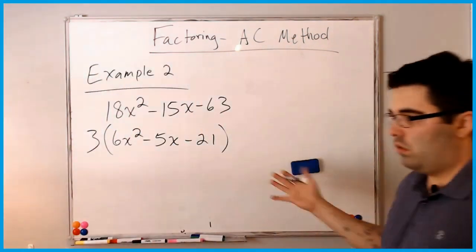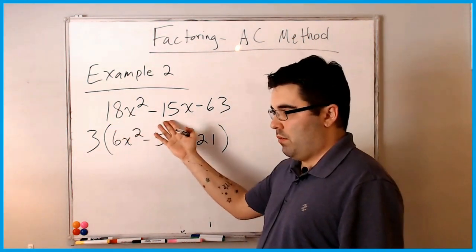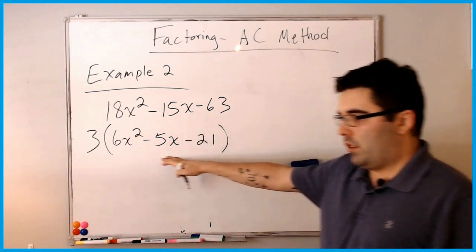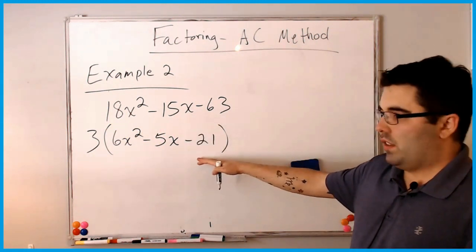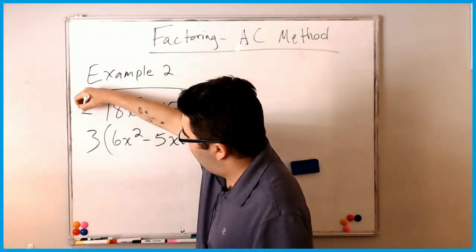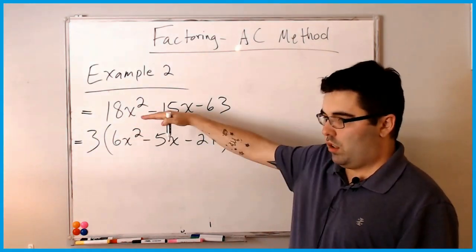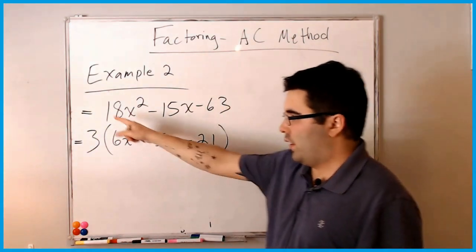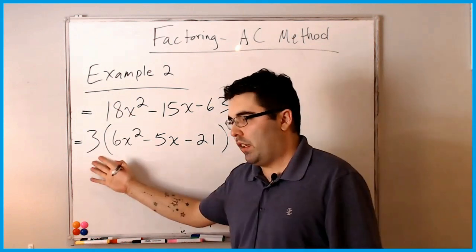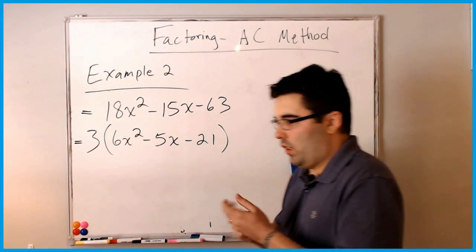And now, instead of factoring this up here, and my A being 18, my B being negative 15, and my C being negative 63, I'm going to factor what's in this parentheses, because understand, by taking out the 3, like I did here, this is still equivalent. It's still the same equation, so-called, because I just put an equal sign there. But I mean, it's still the same expression. I just pulled out that 3. And I did that to help me whenever I start trying to actually factor this and break it into pieces.